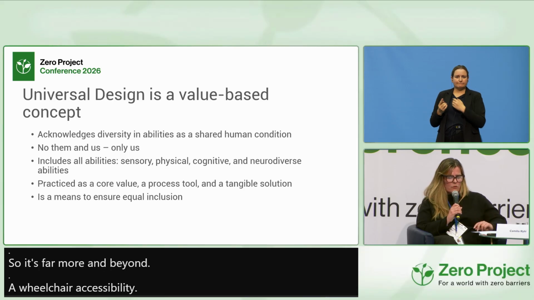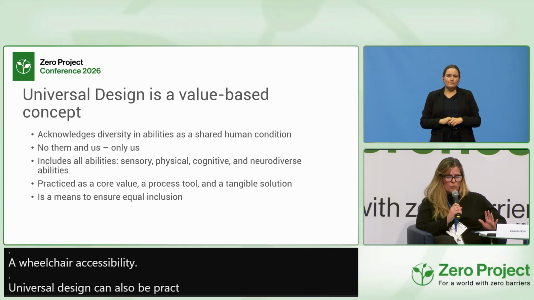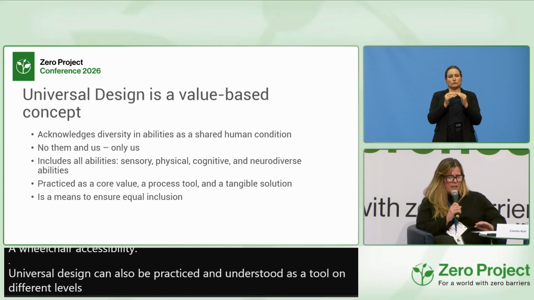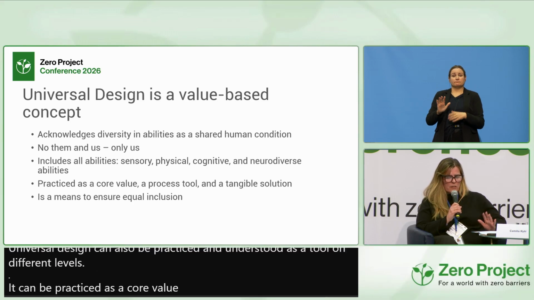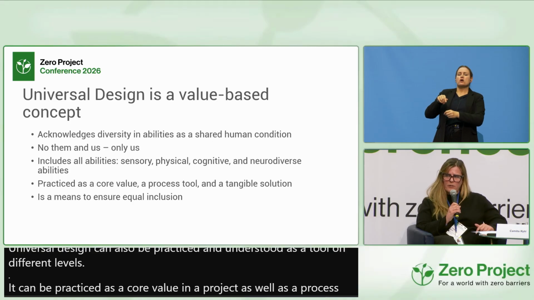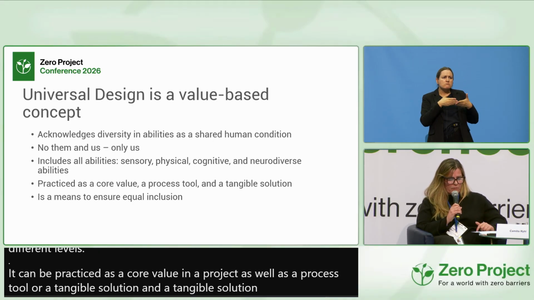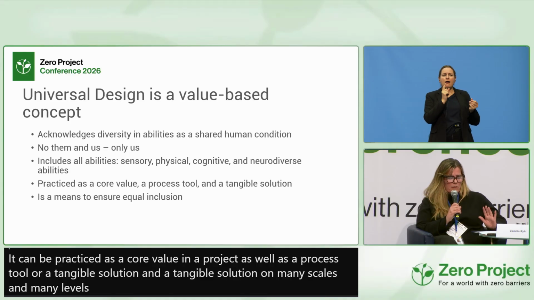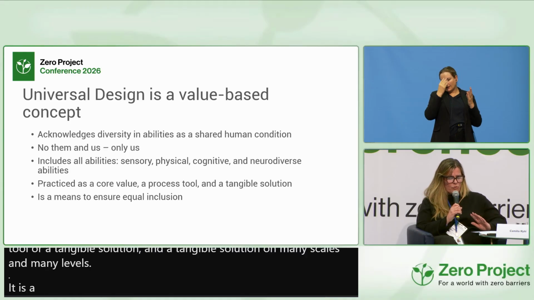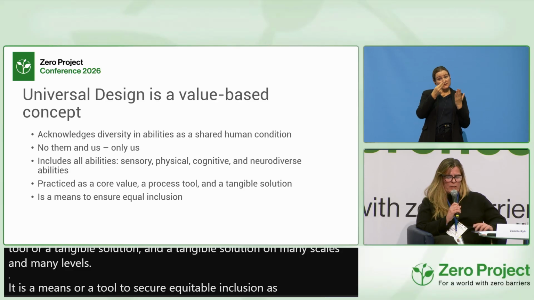Universal design can also be practiced and understood as a tool on different levels. It can be practiced as a core value in a project, as well as a process tool or a tangible solution, and a tangible solution on many scales and many levels. It is a means or a tool to secure equitable inclusion as it's defined in the UN CRPD.